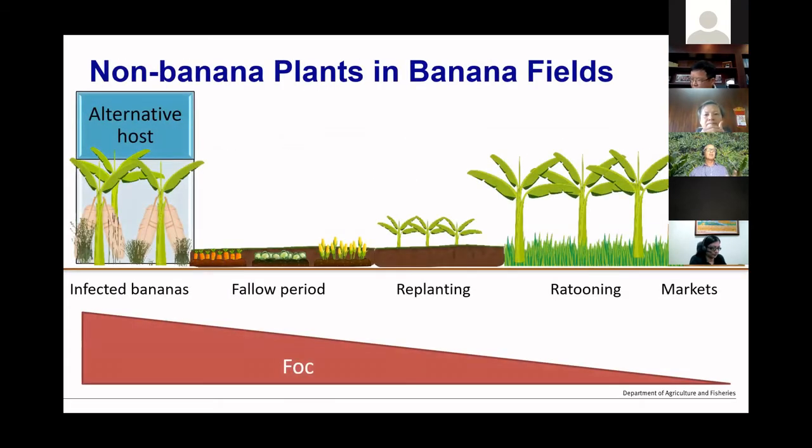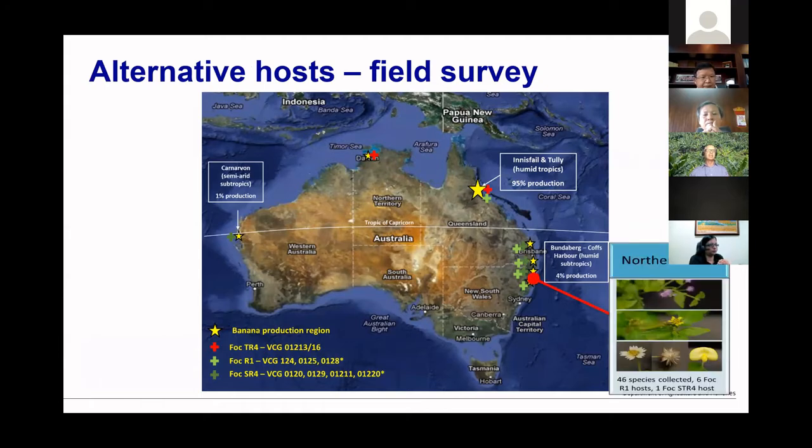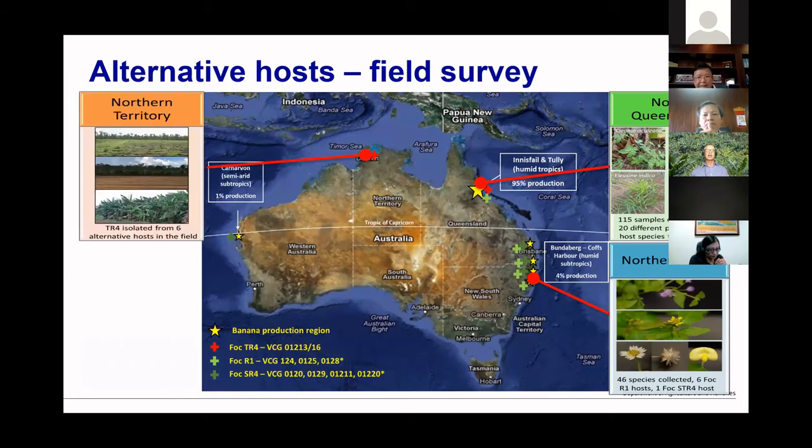So firstly, let's consider non-banana plants as alternative hosts in their role in FOC inoculum management. As part of a project, field surveys were conducted by many people in different banana producing areas, starting in the subtropics where race 1 and subtropical race 4 dominate, then in the humid tropics where race 1 is dominant, and then finally in the Northern Territory where TR4 is dominant.